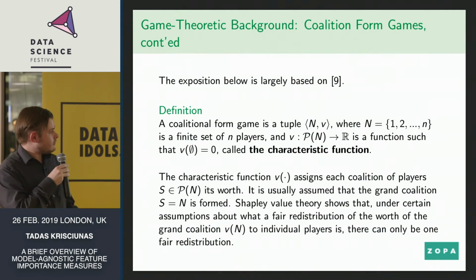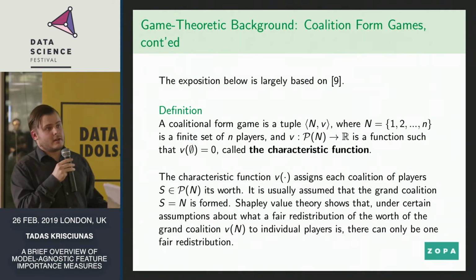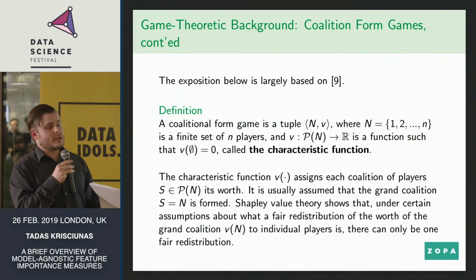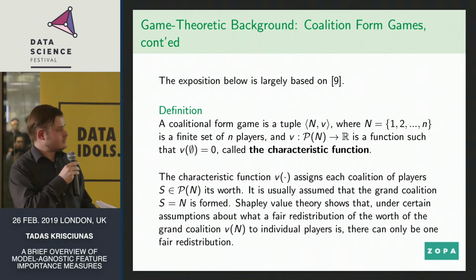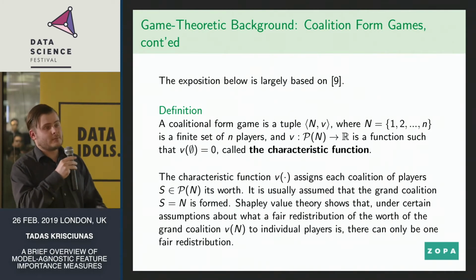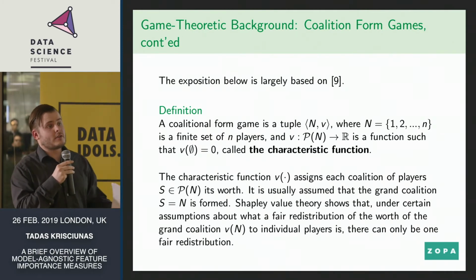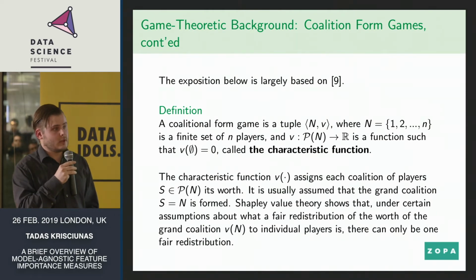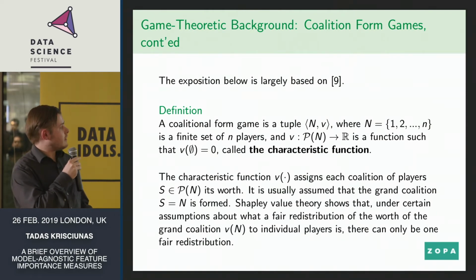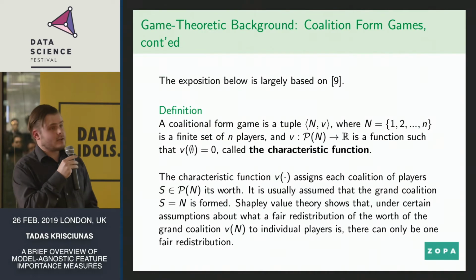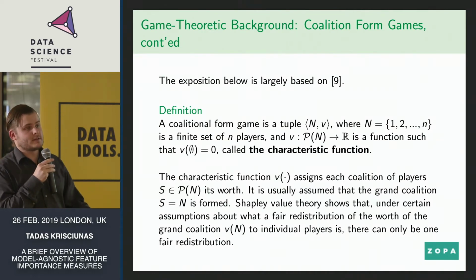Having considered an example of a coalition-form game, we can now think about a mathematical definition of it. Each coalition-form game is mathematically defined as a tuple of a set of players and a worth assignment function. The worth is assigned to each coalition of the players.